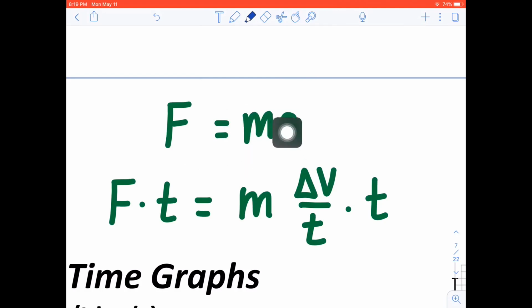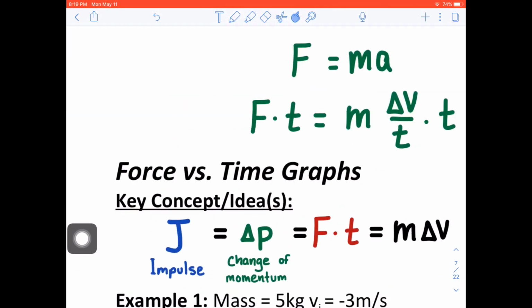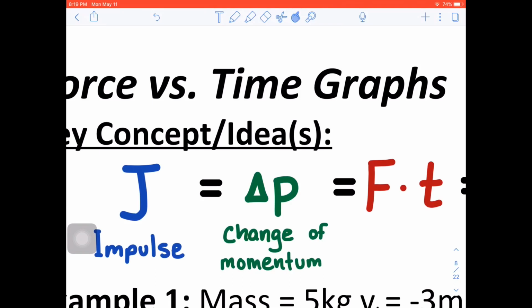So what about this times time? You would have m times delta v over t times t. Those two t's would go away, and you would get the product of force times time equals mass times change of velocity. Mass times velocity is momentum, so sounds like you have impulse.